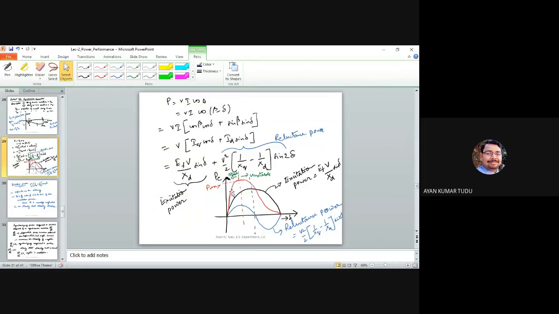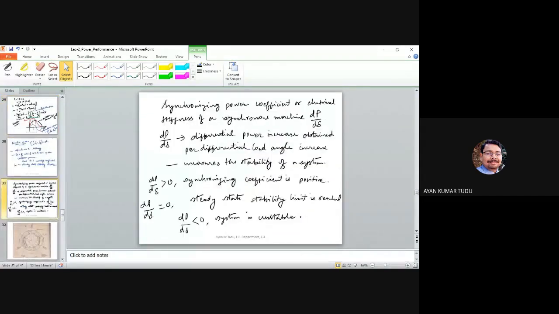And if dP by d delta is equal to 0, then we are at this peak position. That limit is the steady state stability limit that can be obtained from a particular generator. I hope it is clear up to here.